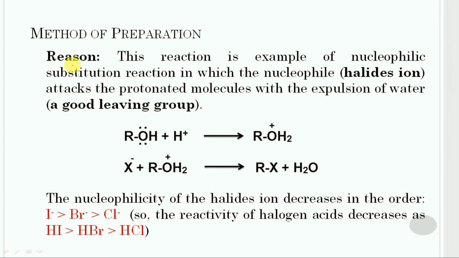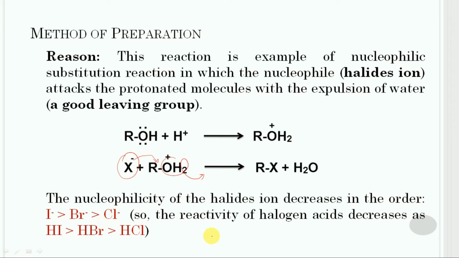The reason is that it is an example of nucleophilic substitution reaction in which the nucleophile, the halide ion, attacks the protonated alcohol molecule with the expulsion of a water molecule, which is a good leaving group.